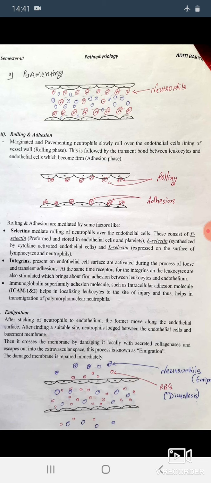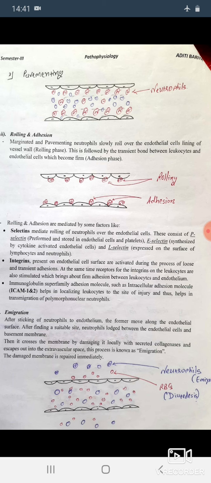So when it comes close to the neutrophils, the receptors and integrins bind with each other. So the neutrophil binds to that endothelial cell, and that is nothing but the adhesion phase, right?